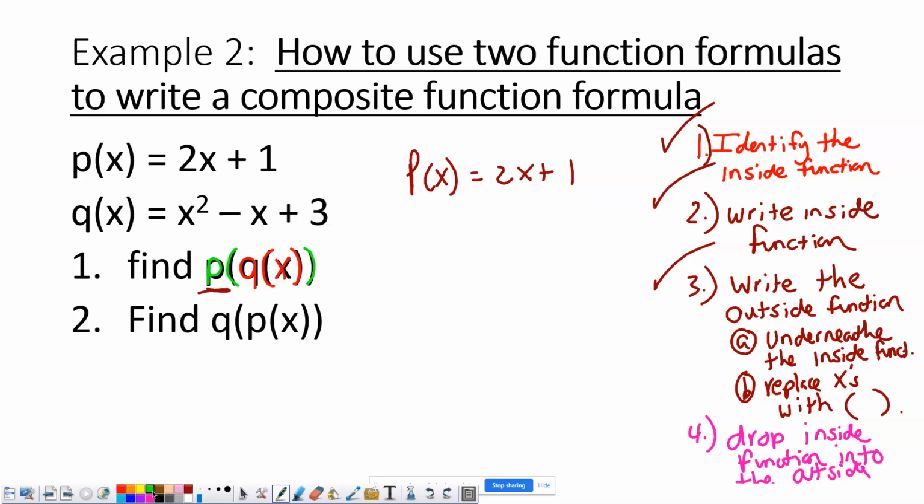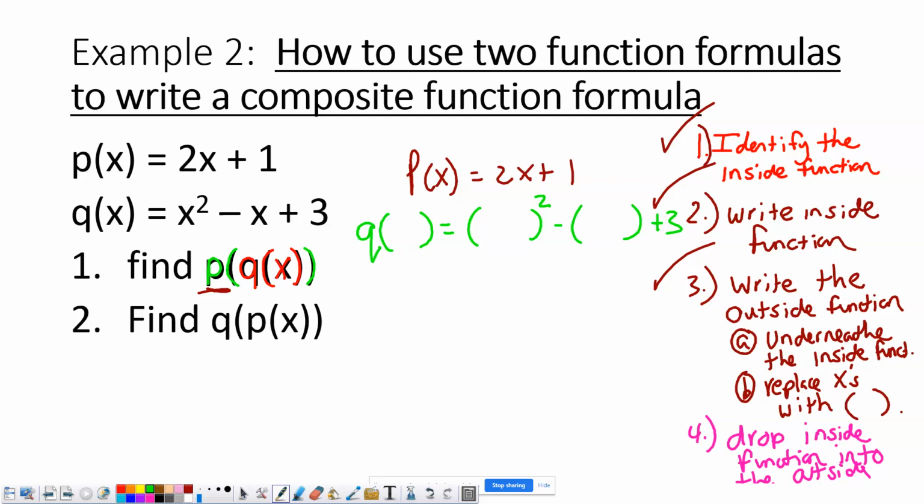So the outside function is Q, and so it's Q of x equals x squared minus x plus 3. So I wrote the Q function, but wherever there were x's, I replaced the x's with just open parentheses there.